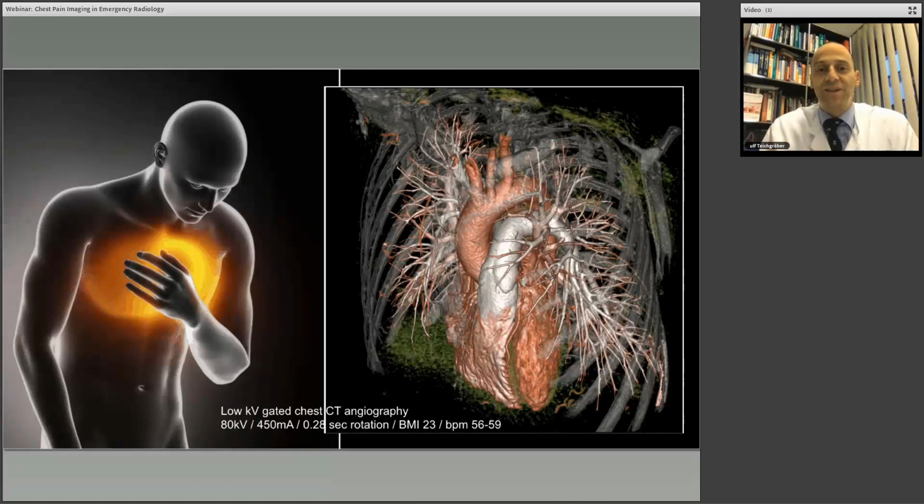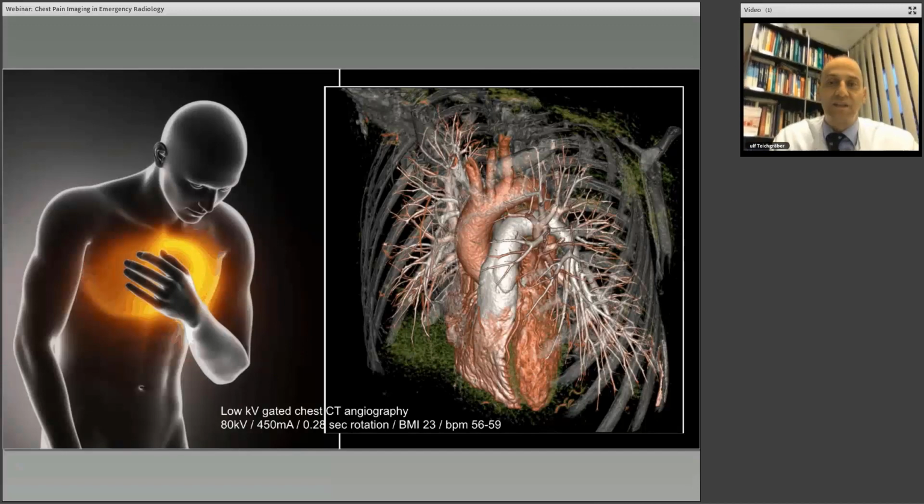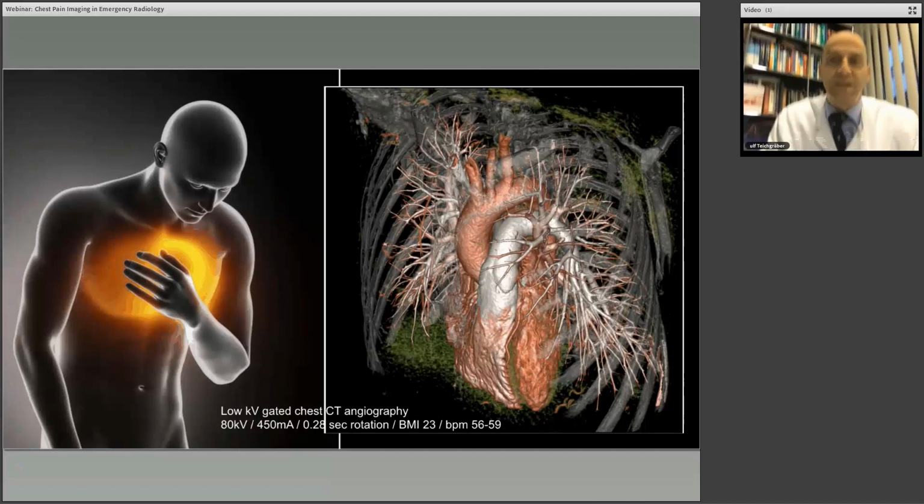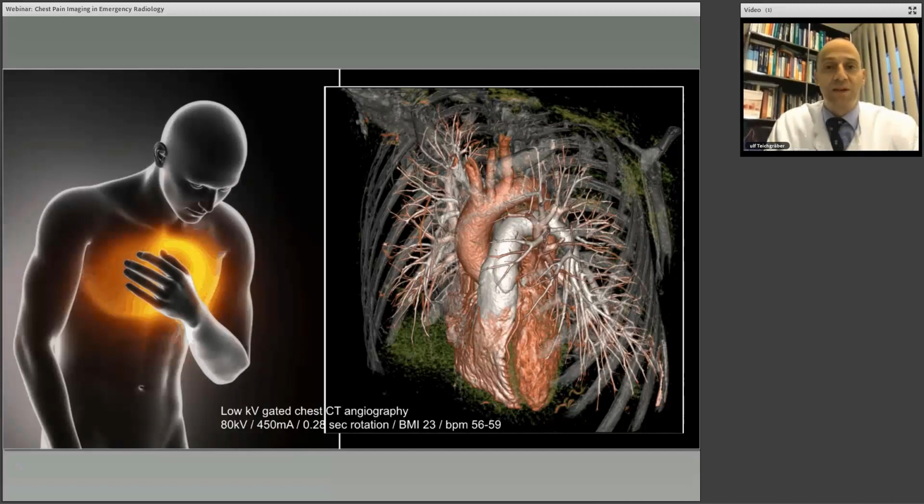So it is no longer a question of whether we are technically able to do good imaging, but there are still plenty of different algorithms and settings we can use. It's always a question which algorithm is the right one for our patient and in which situation we have to use it. Therefore I would like to show you a systematic approach to how we are doing it in our hospital.